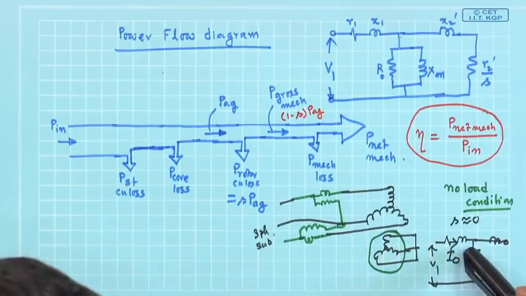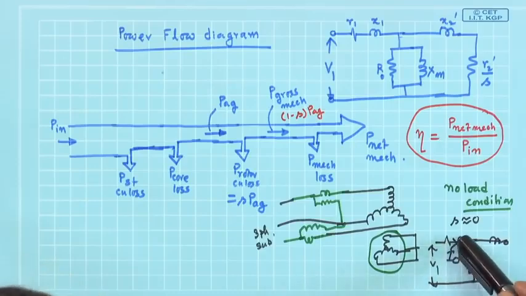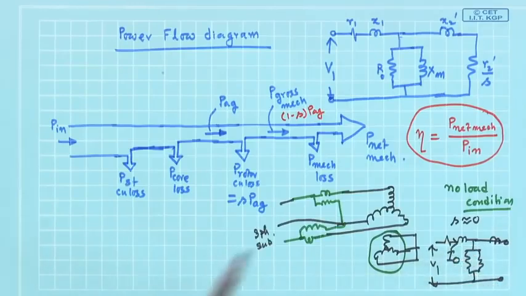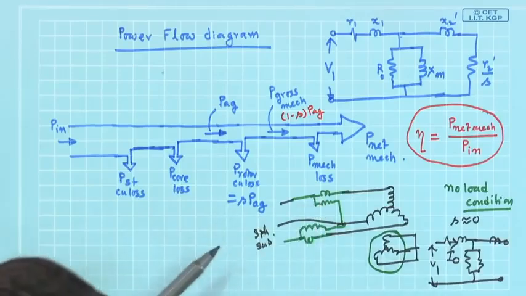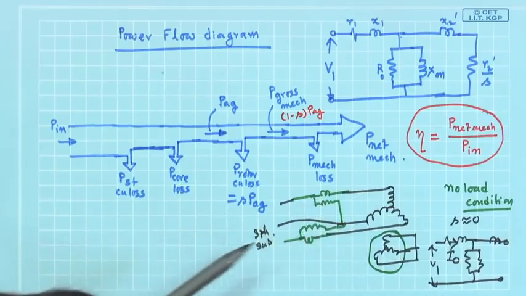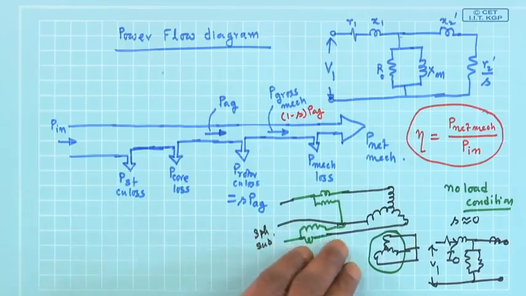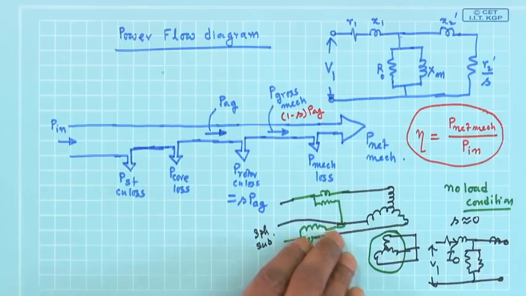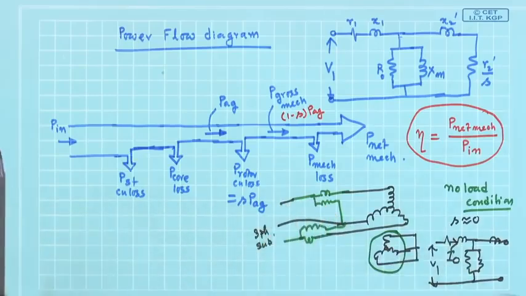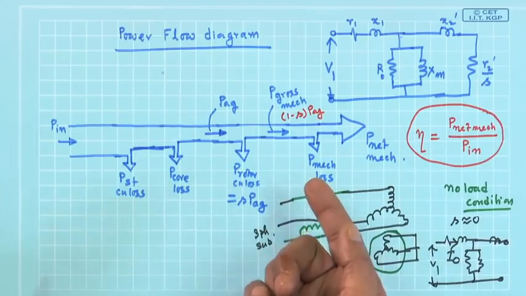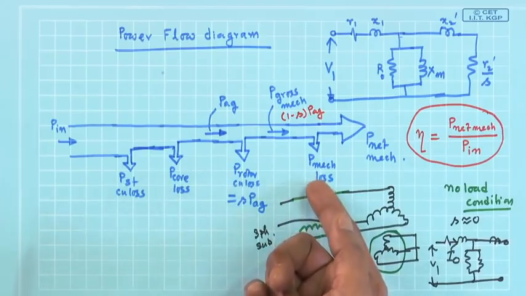Similarly, there will be power loss in this resistance. R1 X1 is small, so approximately the same voltage comes close to that. This divided by this R will give you this power. But the wattmeters are the only points through which power is inputted into the system, and there is a little bit of mechanical power output in the form of loss.